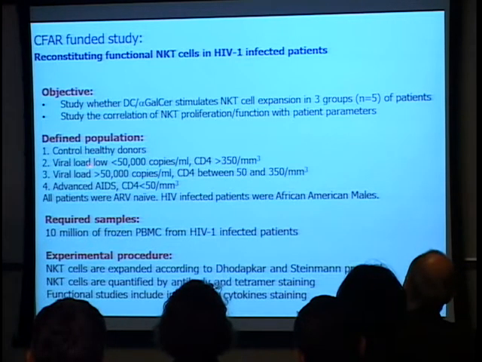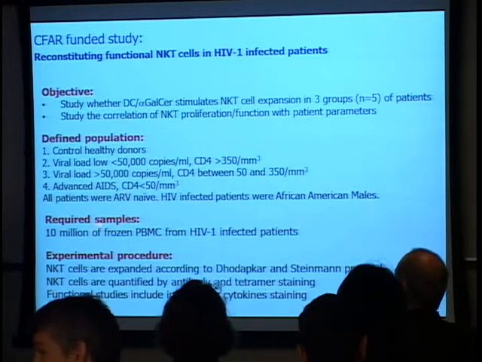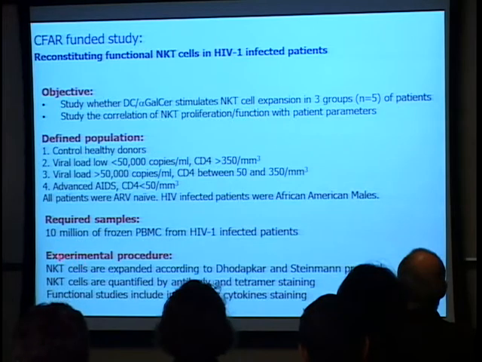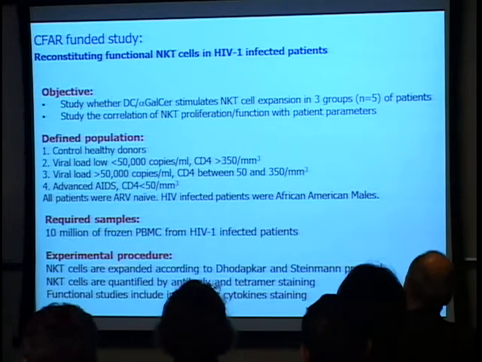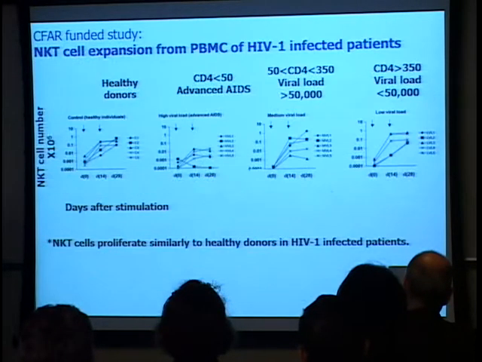So we selected several groups of patients according to the viral load, and the method was to use ex vivo derived dendritic cells loaded with the alpha-galactosylceramide, and use this method to expand the NKT cells ex vivo, and then we quantify the number and study the function to produce the cytokines.